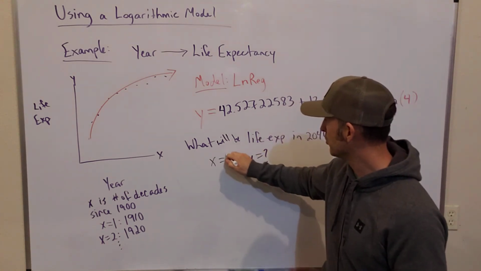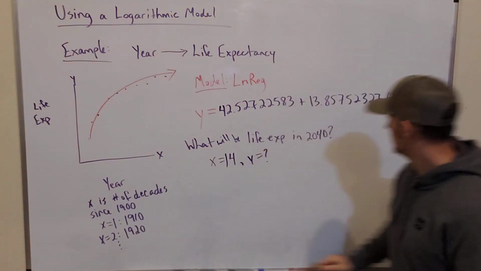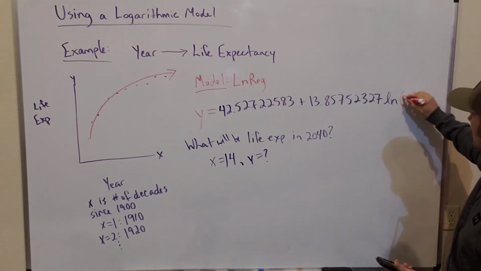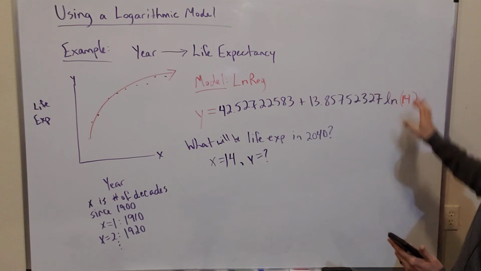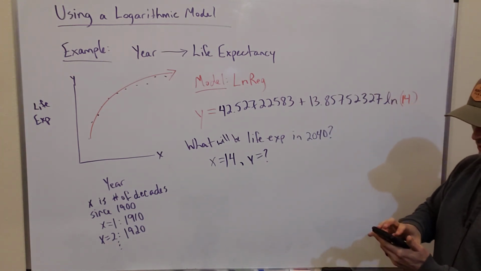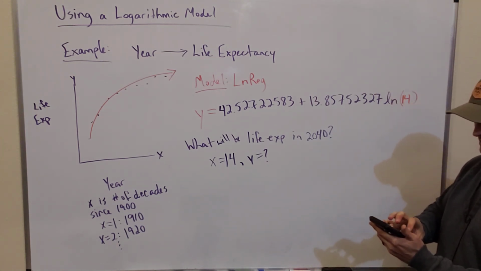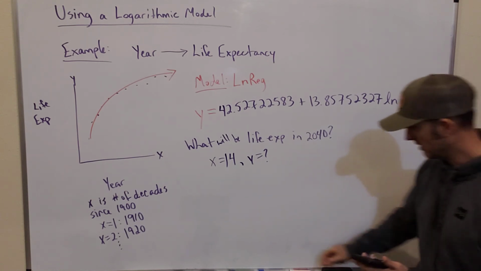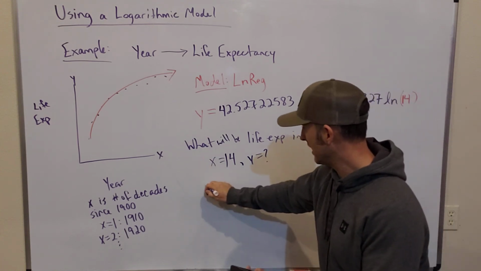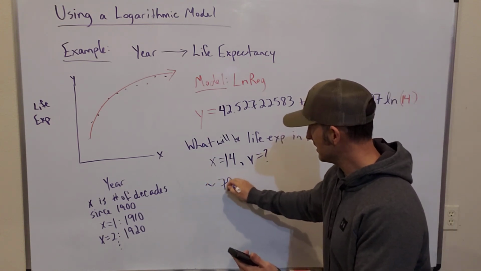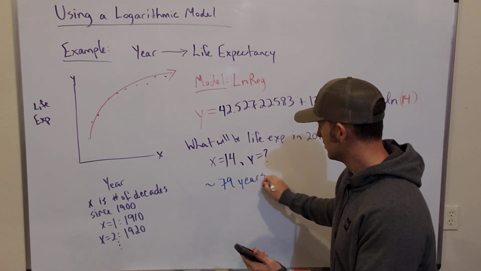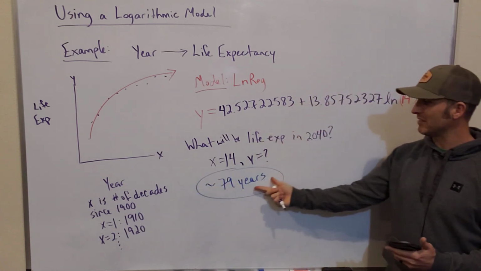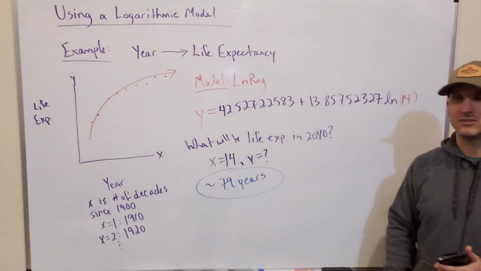So now I'm going to plug in 14 for x instead of 4. I've already got this function typed into my calculator, so I'm going to use my up arrow to reuse it, and I'm going to replace that 4 with a 14. And in that case, it looks like we're looking at approximately 79 years. So the life expectancy, according to this model, should be about 79 years in 2040.